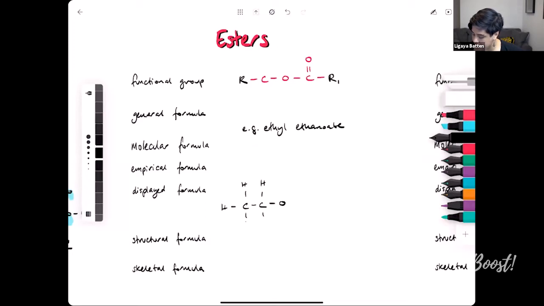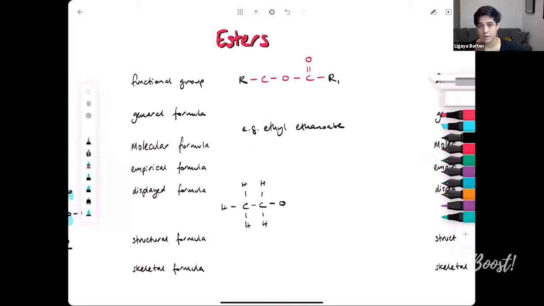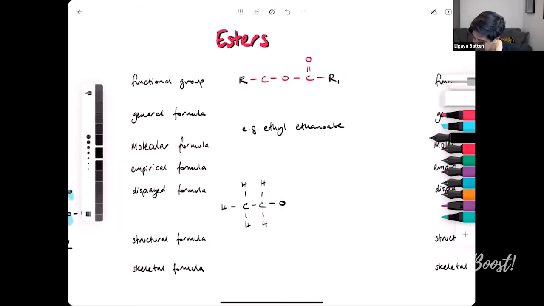So eth means 2 carbons, and that's actually the part of the molecule that comes from the alcohol. Then we have the ethanoate, so then it's attached to the C double bond O. This part came from the carboxylic acid, so it was an ethanoic acid making ethanoate. So we have these 2 carbons here.